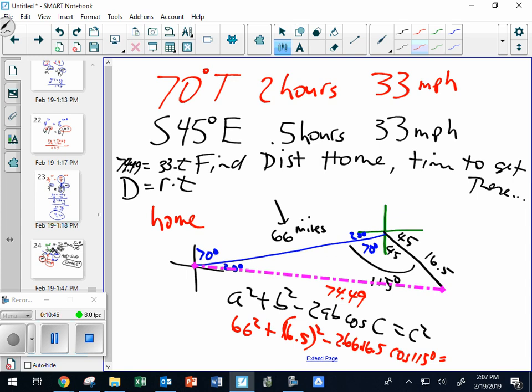So 74.49 divided by 33. 74.49 divided by 33 is 2.56. So about 2.5 hours back to port. Any questions on that? About 2.56 hours.